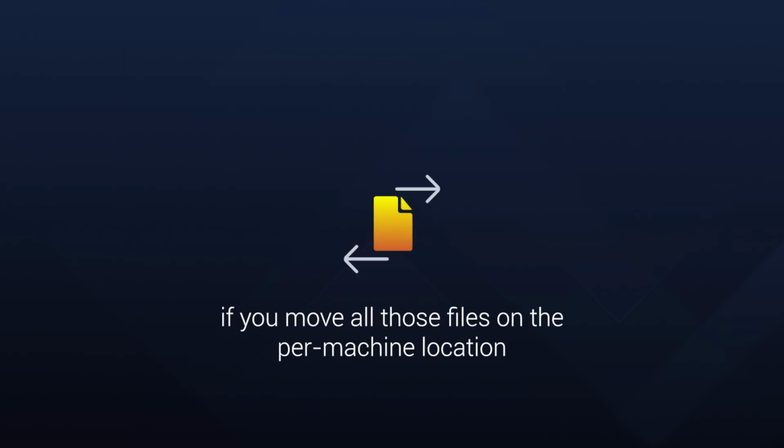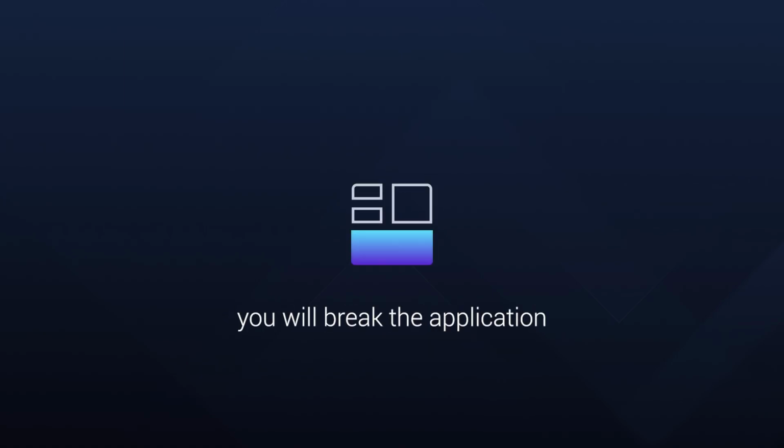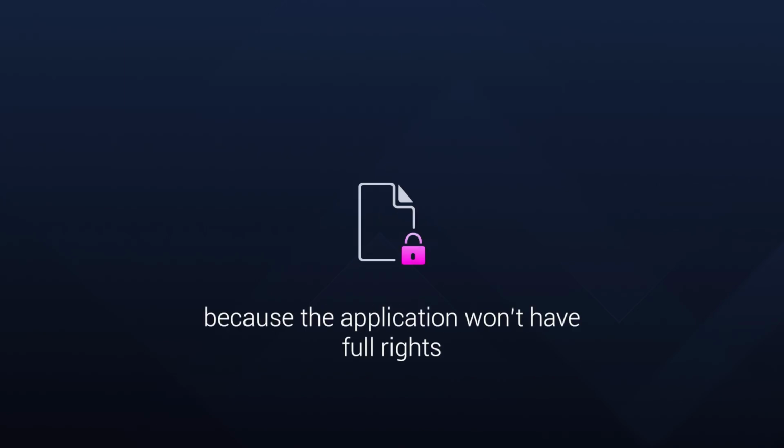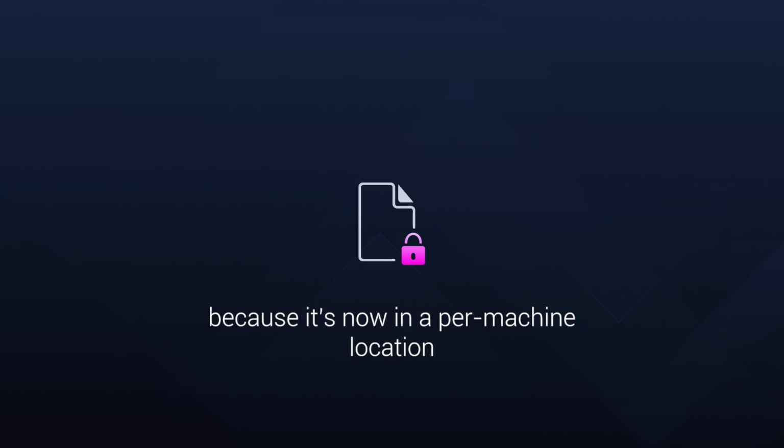However, if you move all those files to a per-machine location, something like C:\Program Files\your application, you will end up breaking the application, because the application will not have full rights to write certain values or files near it, since it's now in a per-machine location.